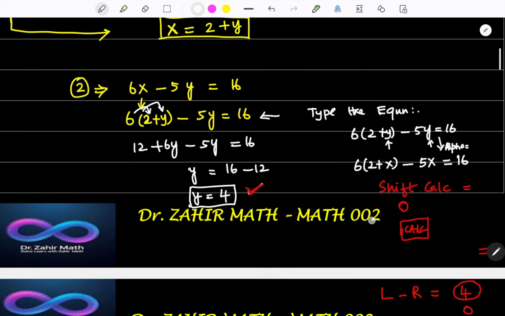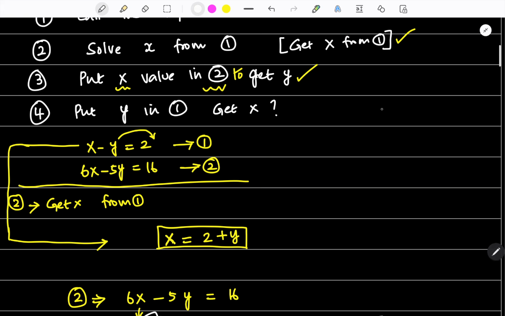Just a minute. I want to check whether (6, 4) is the correct answer or not. How to check the answer is correct? Go to the calculator, everybody. Press mode, then number 5, then number 1. Give the first input 1, minus 1, 2.